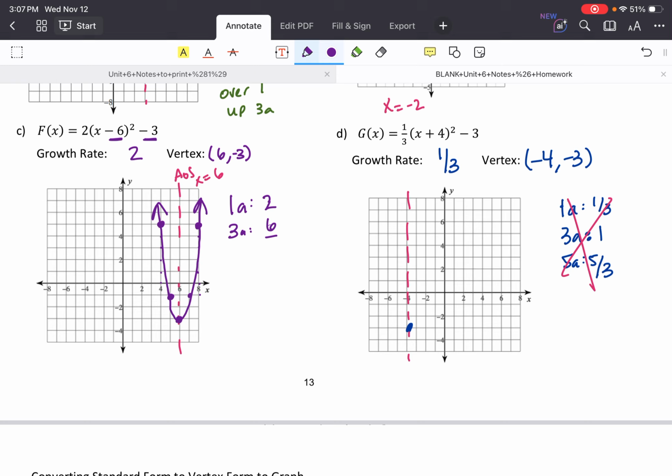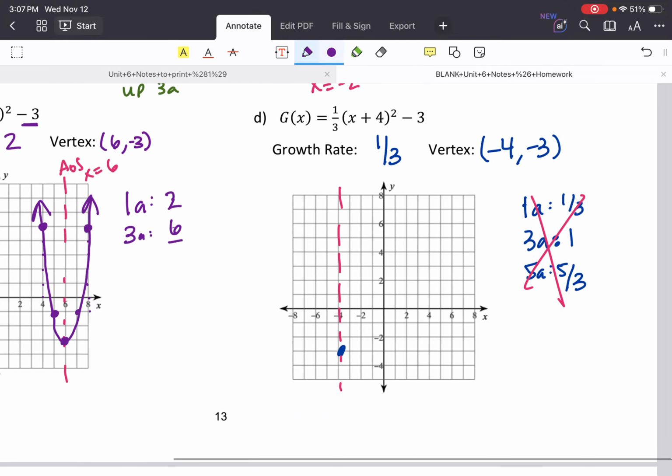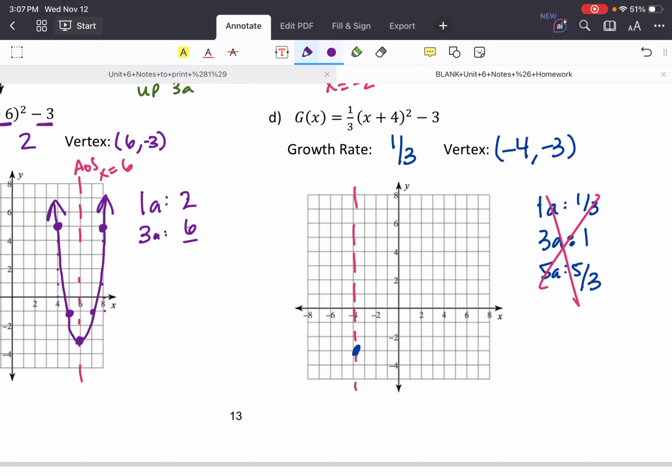Well, if I think of numbers that might make this a little bit easier, I need to get a 3 out of it. So something plus 4 squared has got to be something with a 3. Well, I want to make it a 3, so I could do a -1 in there. That would make it a 3.